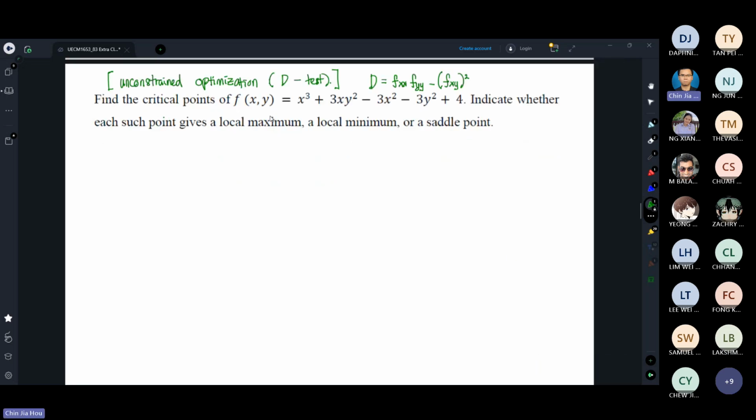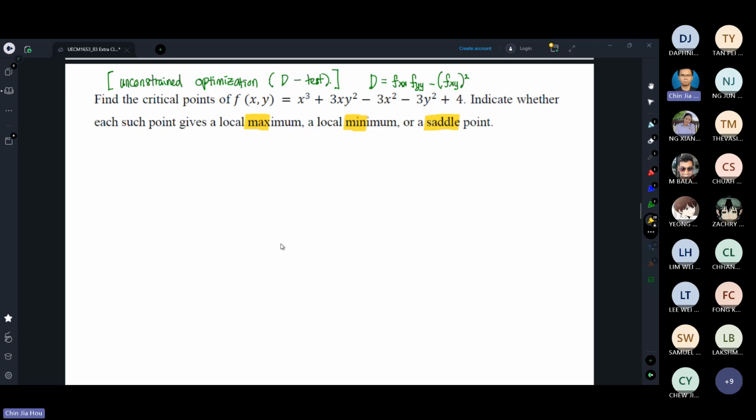Find the critical points of this function that looks rather complicated, but in fact it's just a long expression of polynomials, which is easy to differentiate if you ask me. Indicate whether each such point gives a local max, local min, or saddle point.